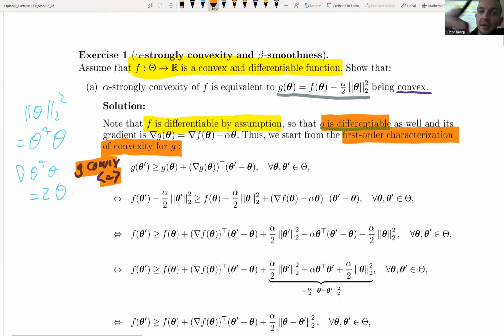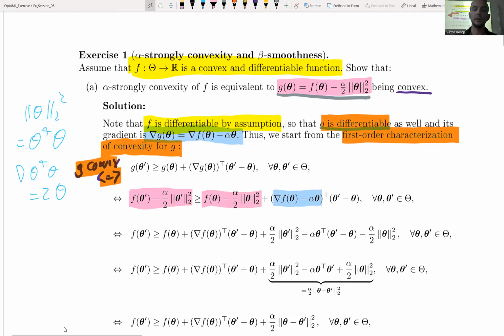Now we do nothing else than simply plug in definitions. By definition, we have g of theta given like this. So on the left-hand side, we simply plug in theta prime. On the right-hand side, we do the same with theta. We use that the gradient of g has been computed, which is here. And then once again, theta prime minus theta stays untouched.